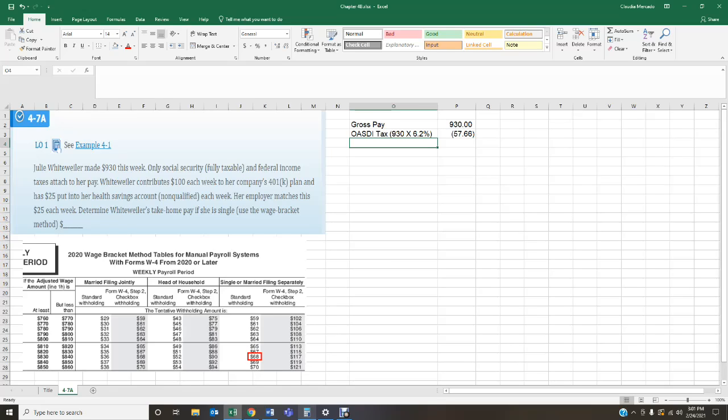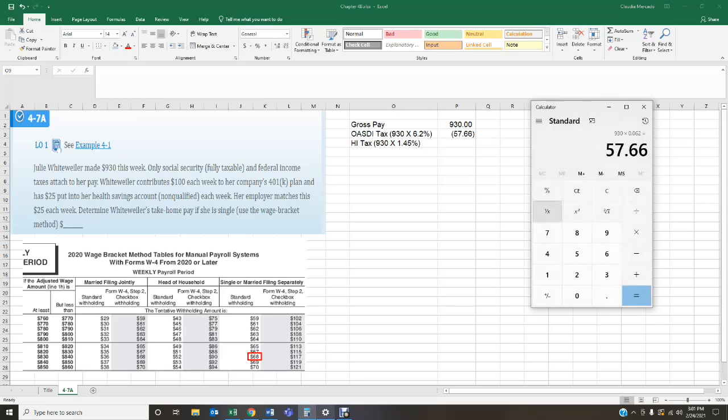So I know that I have to pay OASDI tax and I know I have to pay HI tax on my pay, okay? My HI tax is 1.45%. And let's see what that gives us. That's going to give us 13.485 because that third digit is a 5. I'm going to round up, so that will be 13.49. Okay?